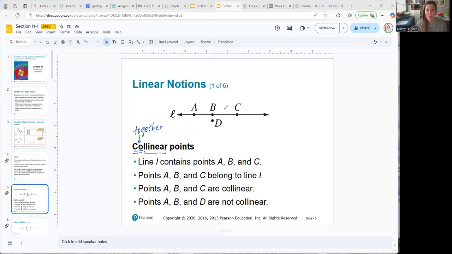So A, B, and C are collinear. Now D is not. So points A, B, and C belong to line L, so they are collinear; A, B, and D are not collinear. Now I could draw a line through any of these points, like AD could be a line, BC could be a line, BD could be a line, and DC could be a line, but I can't make D be on the line with ABC.